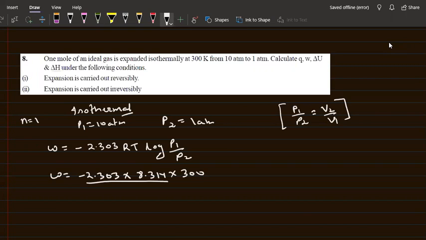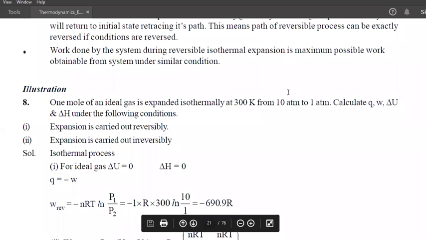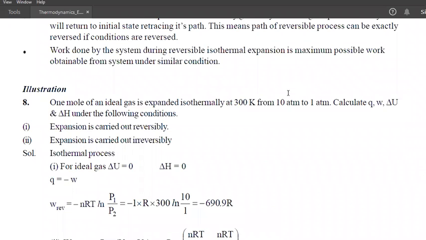That will be your answer. Yes or no? Got it, everyone? Did you get the concept? Very good. See, same thing is being done.